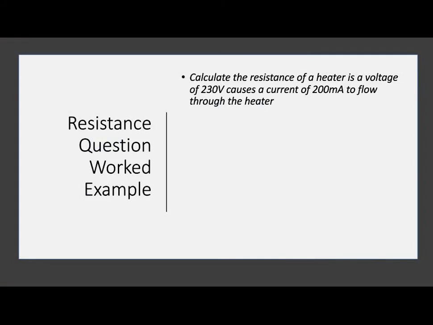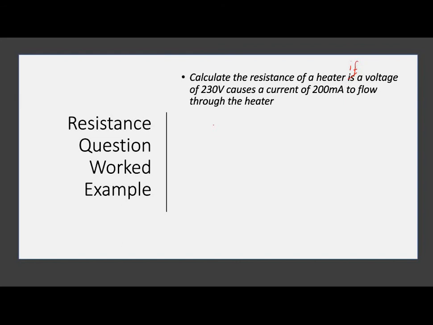Okay, let's try a worked example where I'd like you to write down these parts of the question as I go along. My question says, calculate the resistance of a heater if a voltage of 230 volts causes a current of 200 milliamps to flow through the heater.